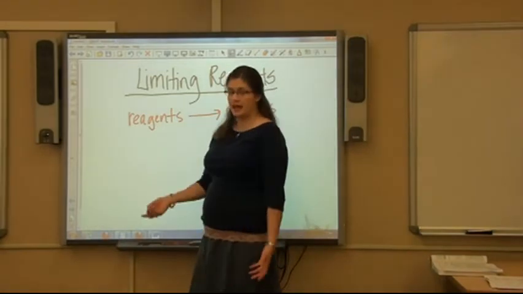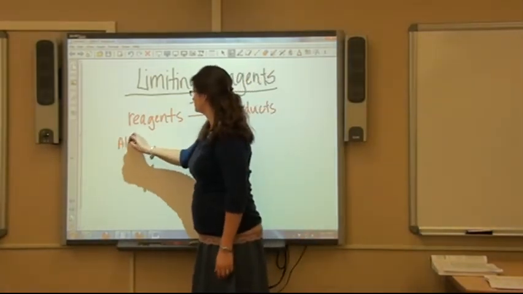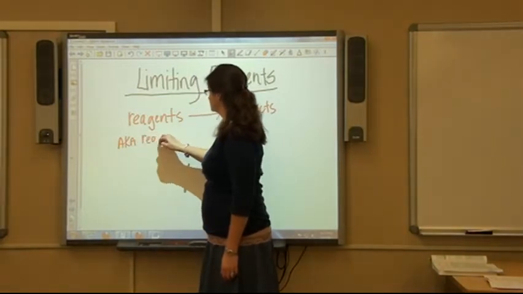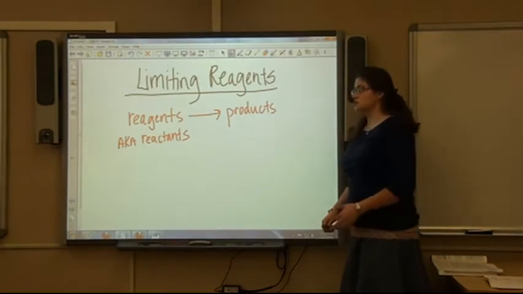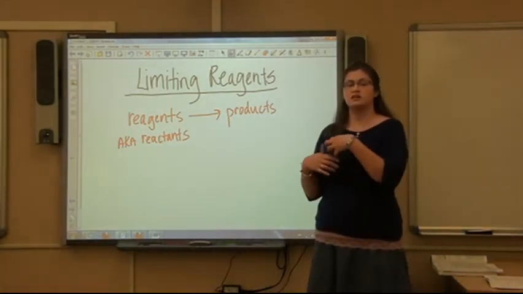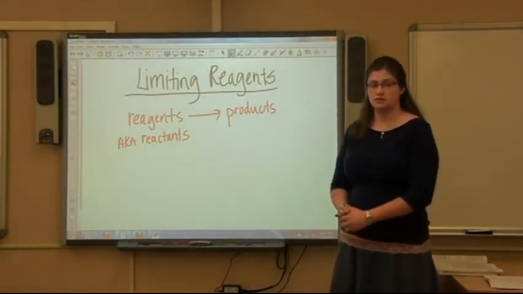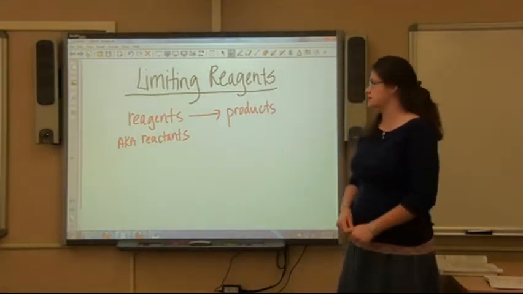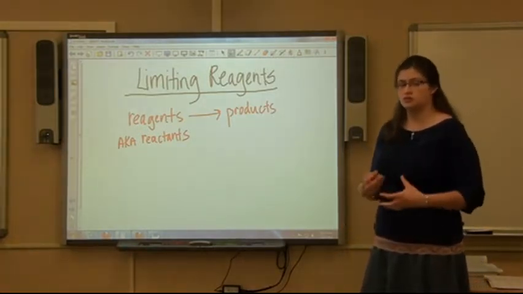Another word for reactants is reagents. So we'll be working tonight with limiting reagents, so everything on the left side of the chemical equation is of importance for us this evening. So reagents, reactants, that word is used interchangeably.